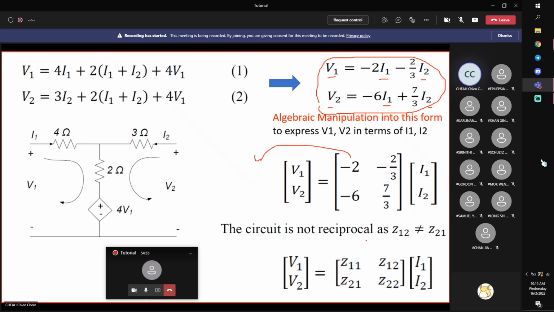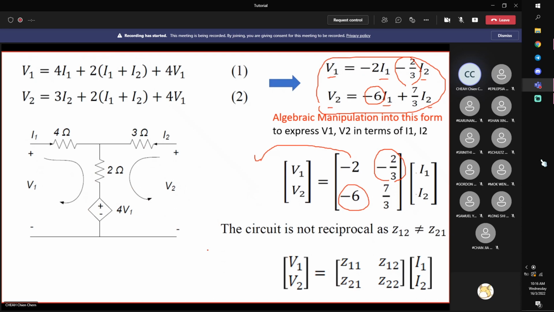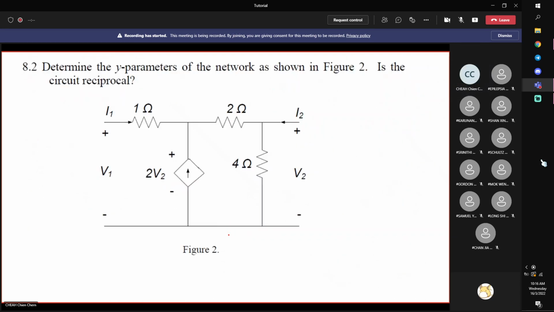So remember, we need to check whether it is reciprocal or not. In fact, here Z12 is not equal to Z21, therefore it's not reciprocal. Any questions?